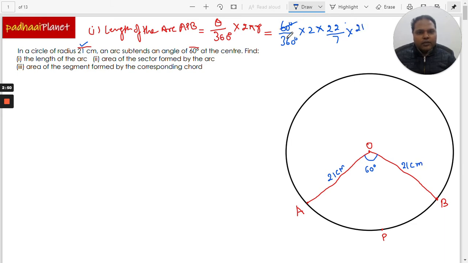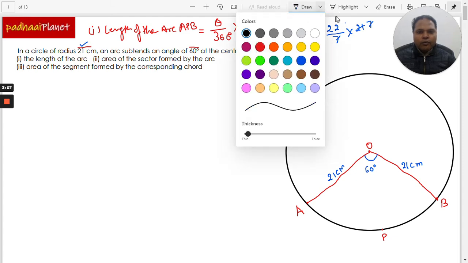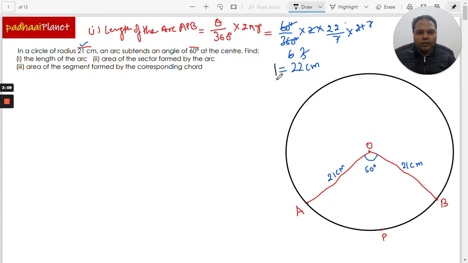Now let's start simplifying it. 6 and 2 makes it 3, 3 makes this 7, and 7 cancels this 7. So this is equal to 22 centimeters. So the length of the arc is 22 centimeters. That's one thing which we have just solved here.